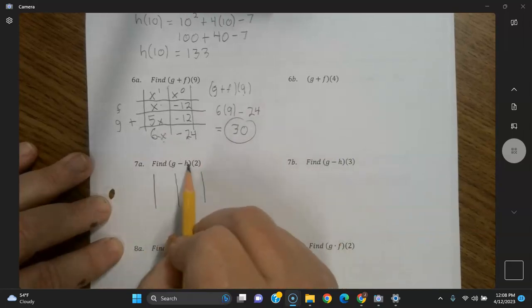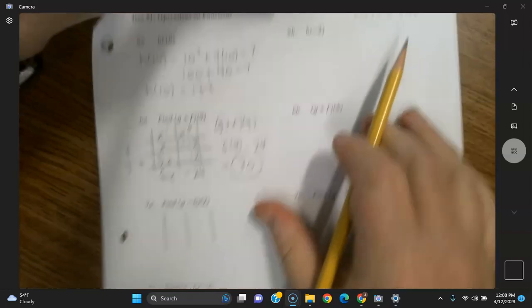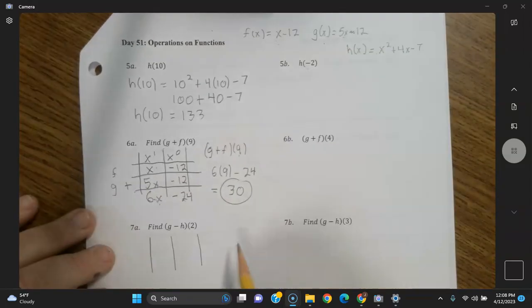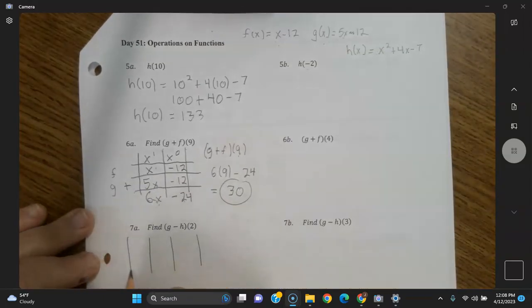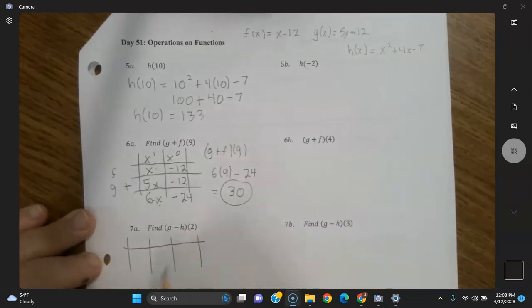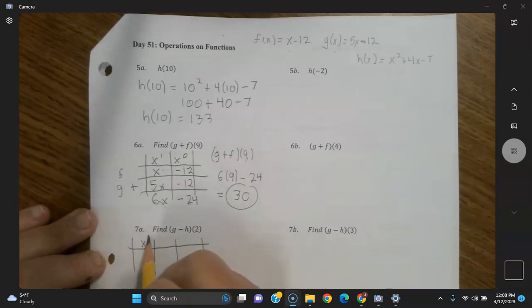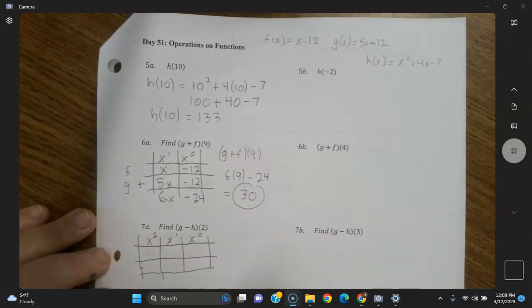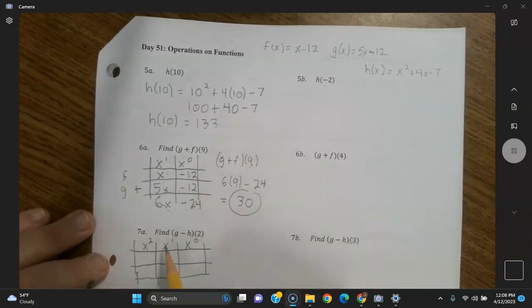And this one is h. So h has got an x squared term. So we're going to need an extra column here. And again, these are just headings. You have the x squared column, the x to the first column, the x to the 0 column, which is the constant. Okay, so it's g minus h.